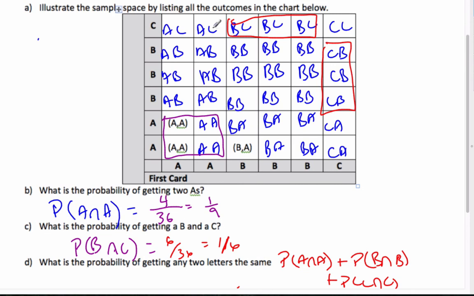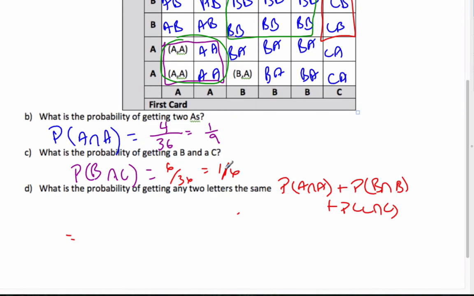And so what I see is here are 4 possibilities, 9 double B's, and 1 C. So there is 4, 9, and 1 is 14 out of 36, which is 7 out of 18. That's the probability of getting any 2 letters the same.